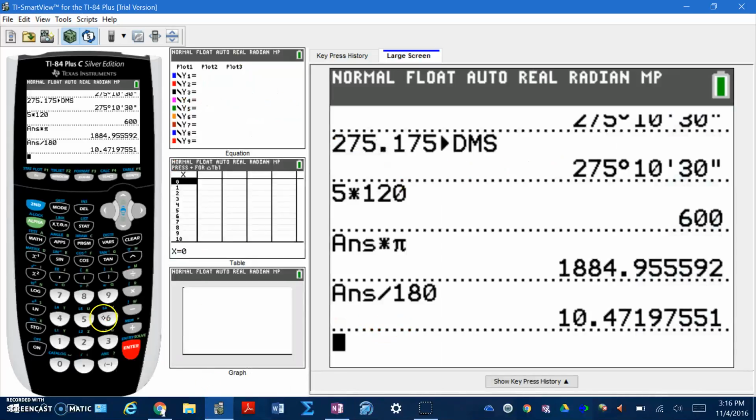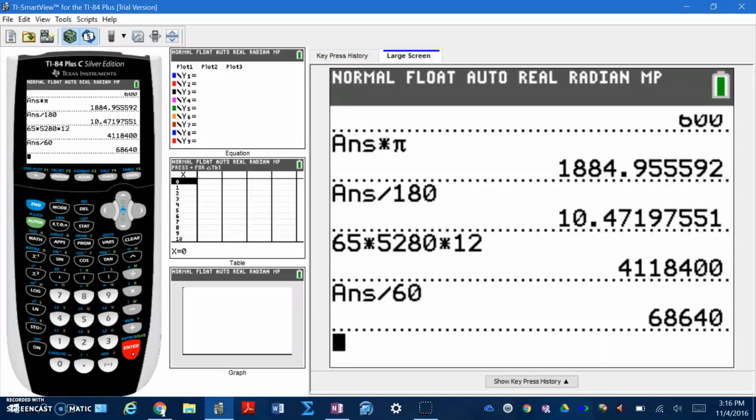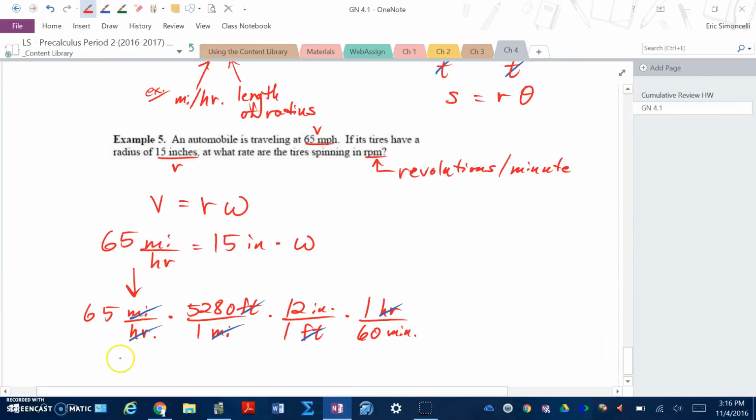We'll do the math, taking 65 times 5,280 times 12, and that should equal this decimal, in which when we divide by 60, this is the velocity in inches per minute, 68,640. So I'll write equals 68,640 inches per minute.